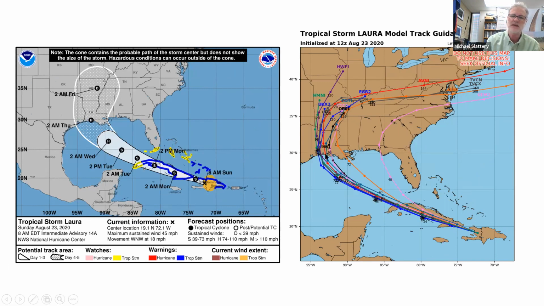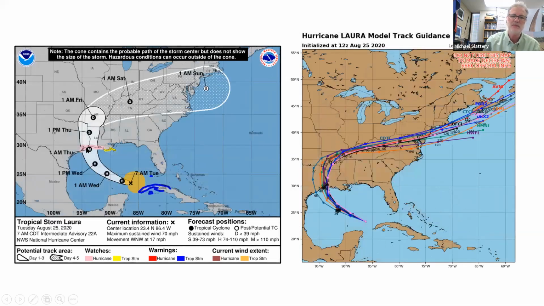And here's all the spaghetti diagrams. 2 a.m. Thursday, make landfall in southern Louisiana, and bingo. Not only does it make landfall in southern Louisiana, a little more left of its track, it's not just a hurricane, it's now a major hurricane. So we've got the same week, 23rd of August last year, a warm Gulf of Mexico, two tropical storms, and two very different forecasts.